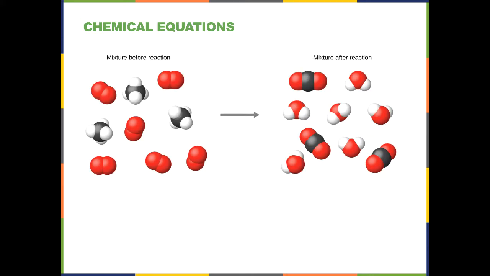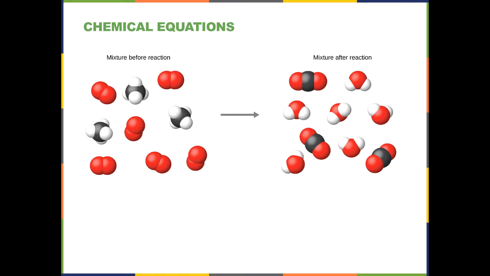So in the same reaction, here you have 3 methane molecules interacting with 6 oxygen molecules to form 3 carbon dioxide molecules and 6 molecules of water. Not only are these balanced, but the ratio that I spoke about before, the stoichiometric ratio, remember I said there was 1 mole of methane for every 2 moles of water.